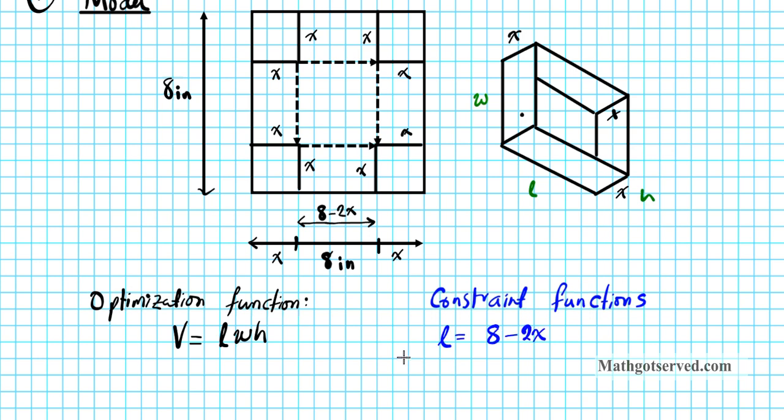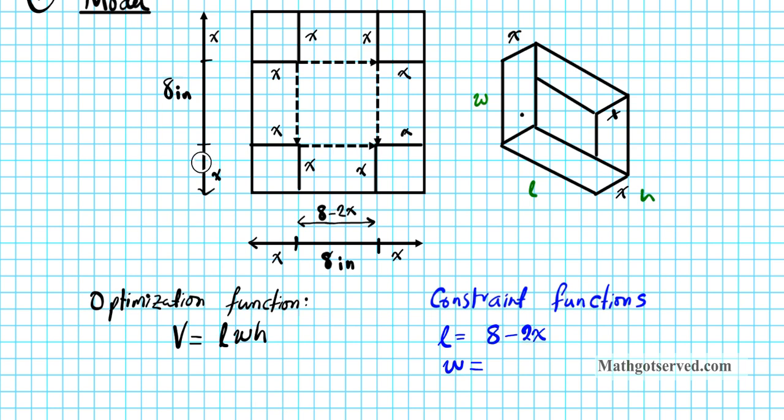All right, now how about the constraint on our width? Can you see what the constraint on the width is? It's exactly the same as the constraint on the length. Remember, we started with a square sheet, so this entire thing is 8. We're taking out length x from the sides, and that will determine the width of our box.